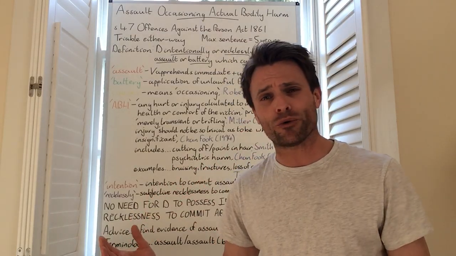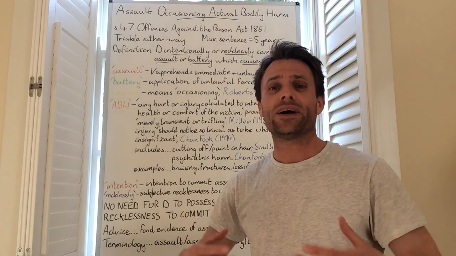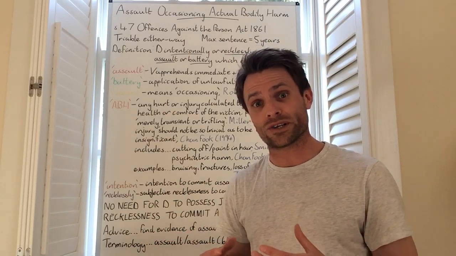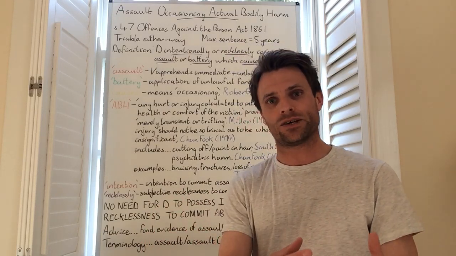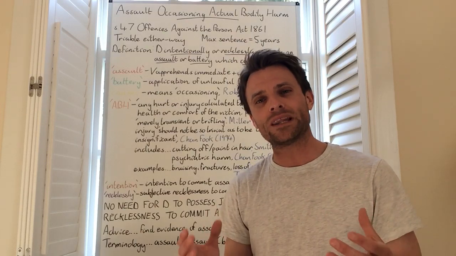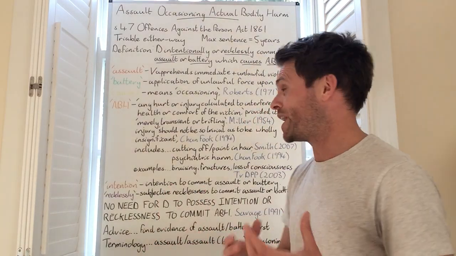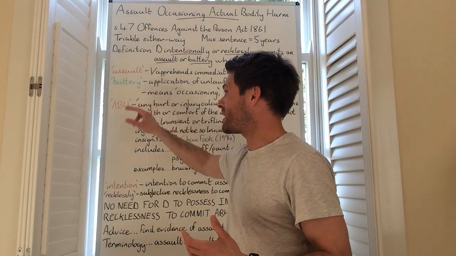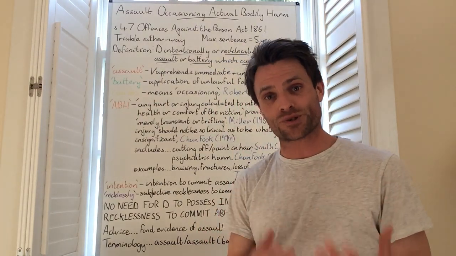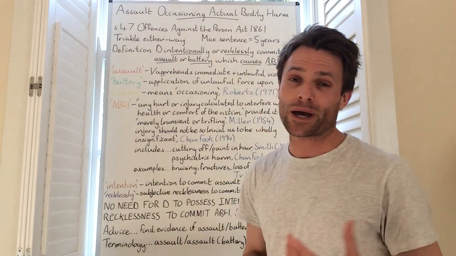But that argument didn't matter. All you need is the intention or the recklessness to cause the battery or an assault, and if that leads to injuries which constitute actual bodily harm, you can be liable for assault occasioning actual bodily harm. In other words, if the assault or the battery causes ABH, then the offence will be assault occasioning actual bodily harm, as determined by the case of Roberts.